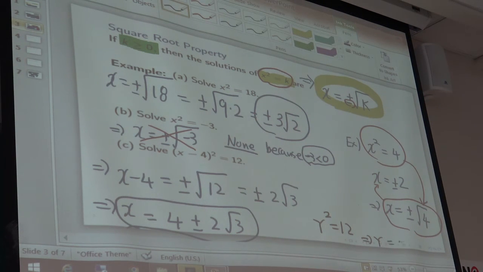So y is plus minus square root of 12, which is 4 times 3, so 2 square root of 3. So instead of y, we use x minus 4. So x minus 4 is plus minus 2 square root of 3. Finally, we are getting the x value. So move this negative 4 over.